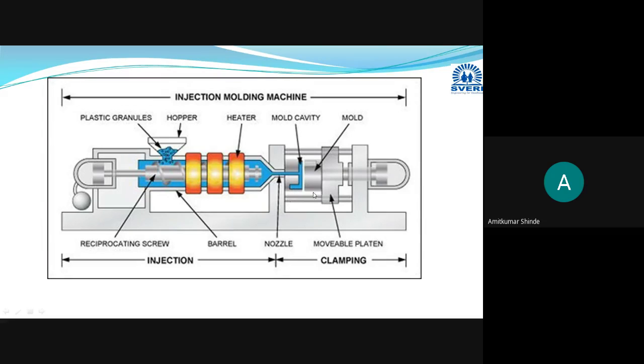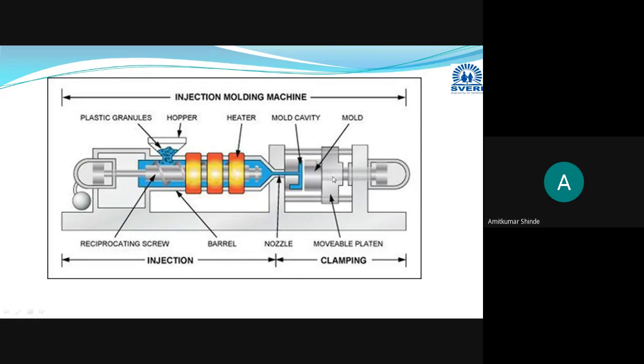Whichever part of this mold is attached to the nozzle, please see the movement of the cursor, it is the fixed part. The remaining part is the movable part, termed the movable plate. Now, while performing the operation, to keep this in the fixed position, you have to use the clamping. Clamping must be there.